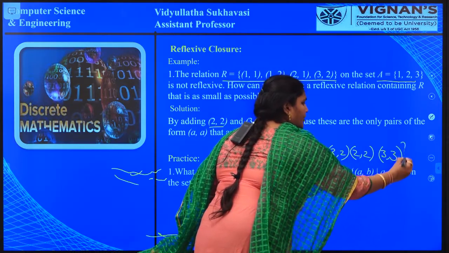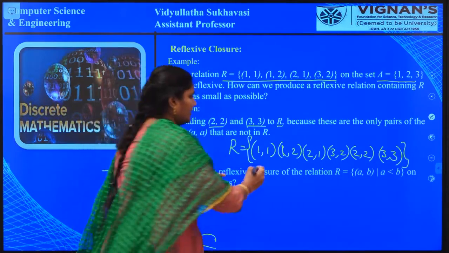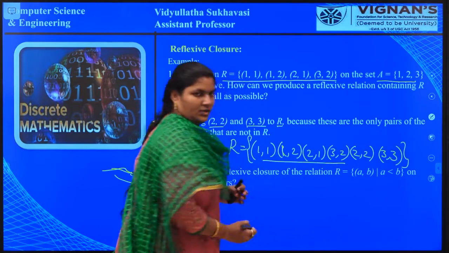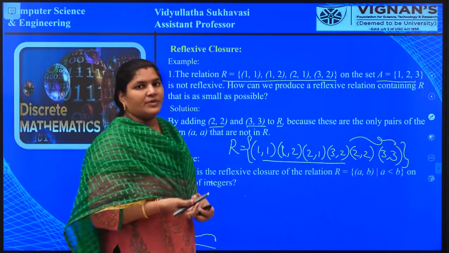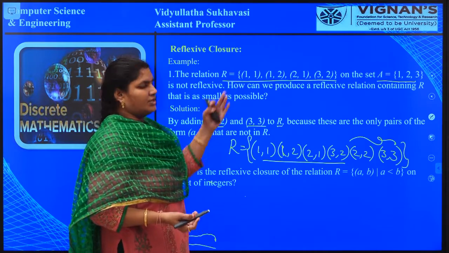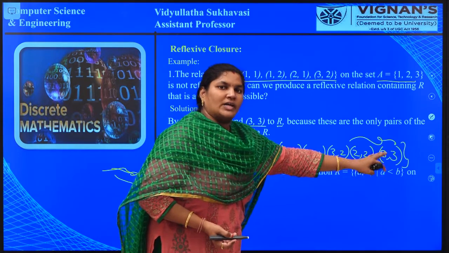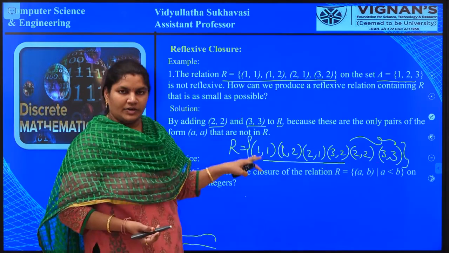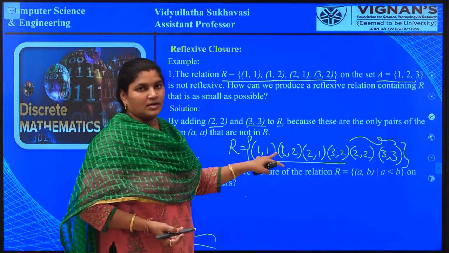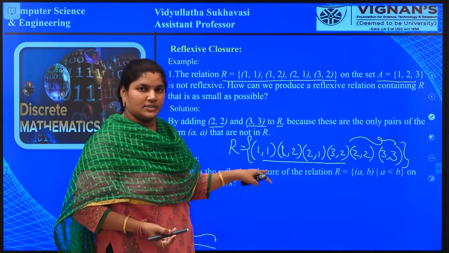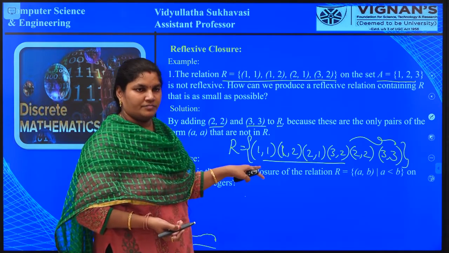So this is a new relation R. So here these are the existing ordered pairs and these two are the new ordered pairs which we have added to the relation R. That means these two ordered pairs we have added, and after adding these two ordered pairs, the given relation satisfies the reflexive property. So this is the relation R which satisfies the reflexive property.